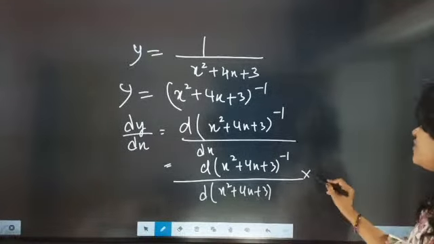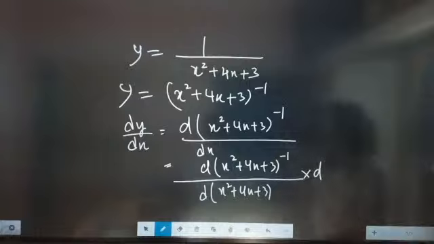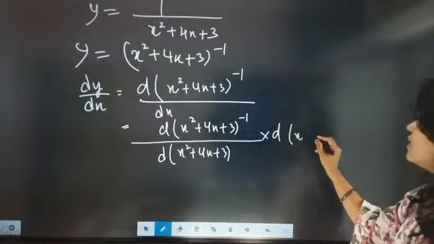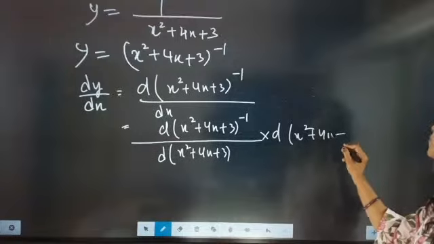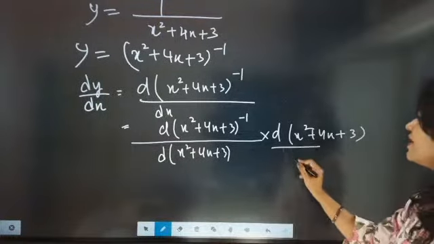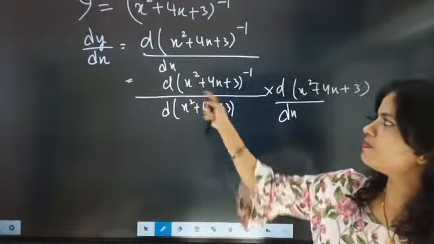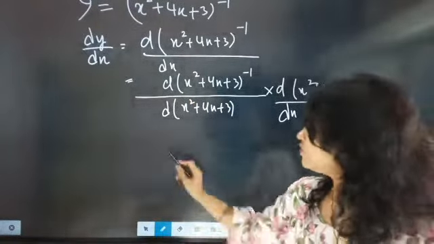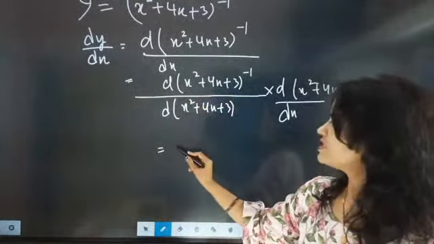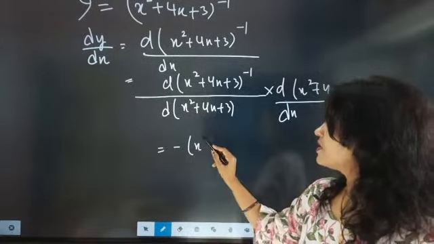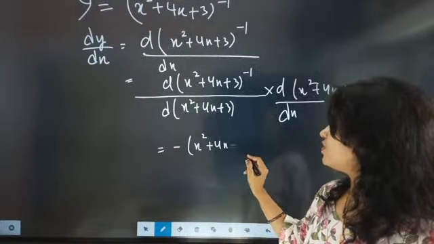And then with what you have differentiated, the same thing you have to write here: d of x square plus 4x plus 3 by dx. Simple method. Inverse, full part inverse. So the minus will come out. It will become x square plus 4x plus 3.